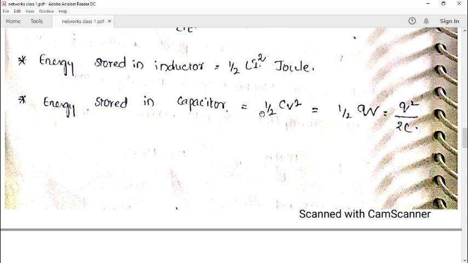So the most important formulas of electrical circuits: electrical energy stored in inductor is half L I square joule, and energy stored in capacitor is half CV square, which can also be written as half into QV, which is equal to Q square by 2C. All the three equations came from this particular equation.